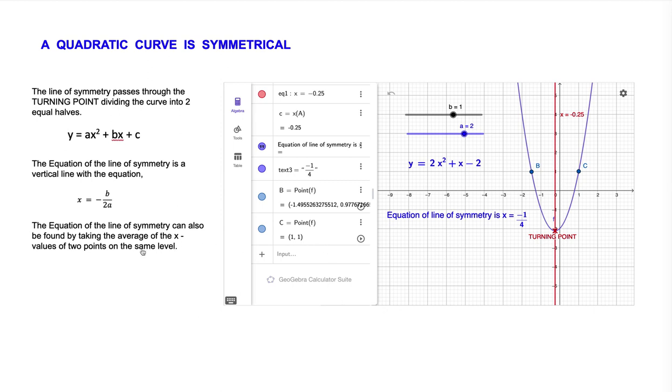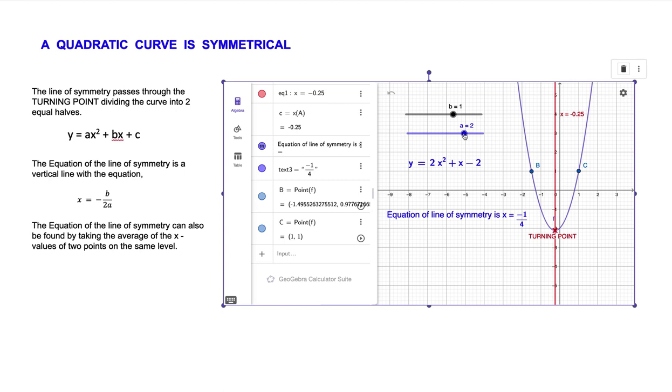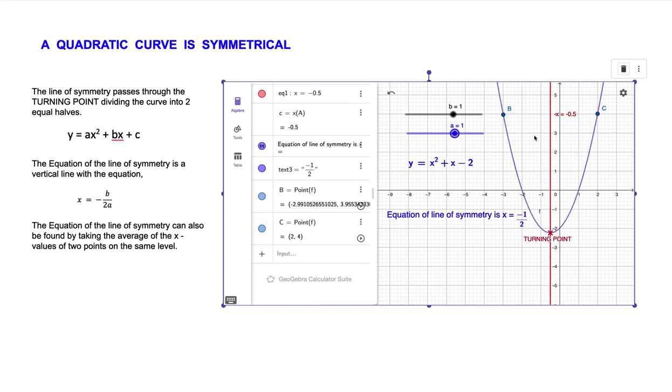Now we could also get this equation by looking at two points which are on the same level, such as B and C. Here the x value of B is negative 3, and the x value of C is 2. So if we average this, negative 3 plus 2 divided by 2, we will also get x equals negative half.